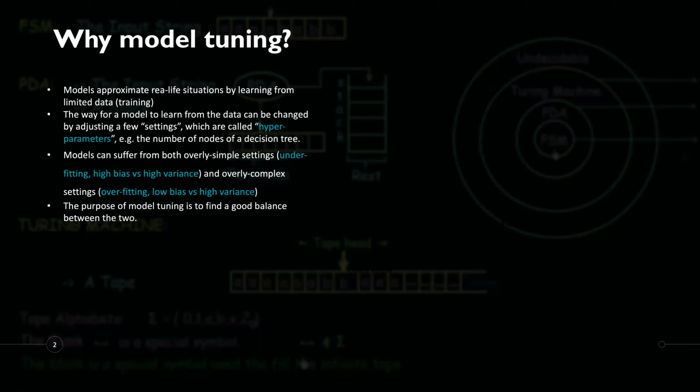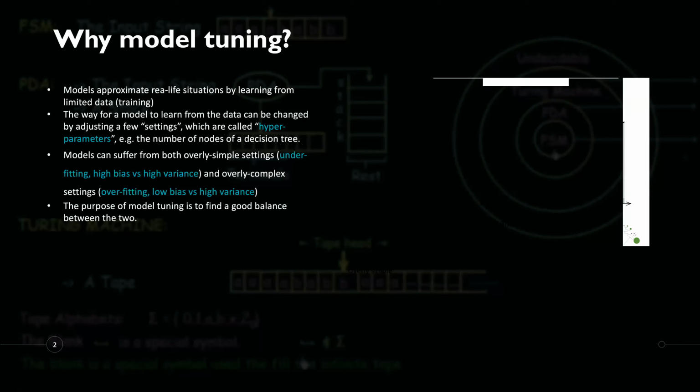For instance, the number of nodes of a decision tree, or the L1, L2 regularizations for linear regression. Models can suffer from both overly simple settings, underfitting, which is high bias, and overly complex settings, overfitting, which is low bias but high variance.